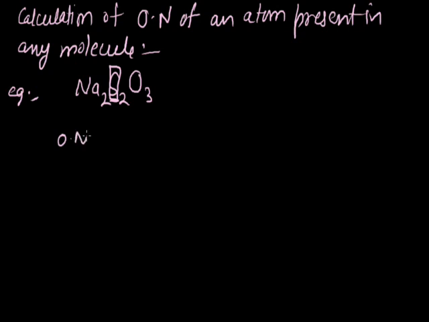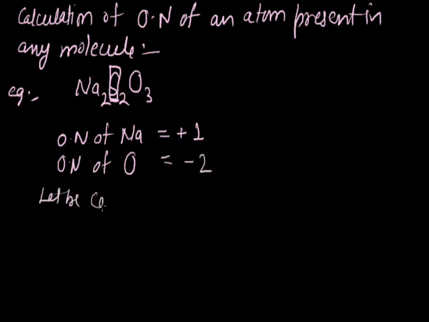Now the oxidation number of sodium is equal to +1 because sodium is an alkali metal. As we know, an alkali metal has an OS or oxidation number equal to +1, and the oxidation number of oxygen is equal to -2.